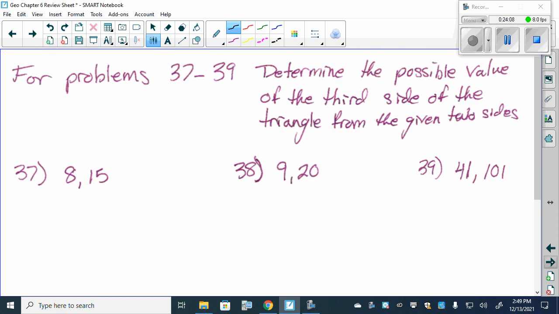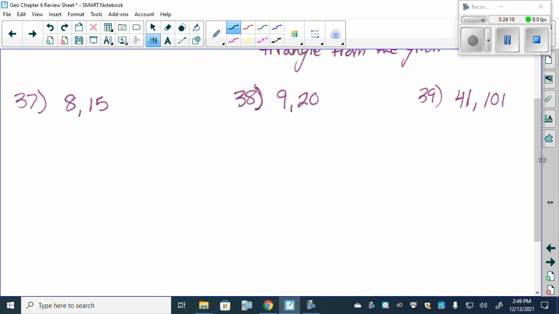Questions on 37, 38, or 39? Which one do you all want to look at? 37? So for a triangle, any two lengths added together will always be greater than the third. That works for any triangle.